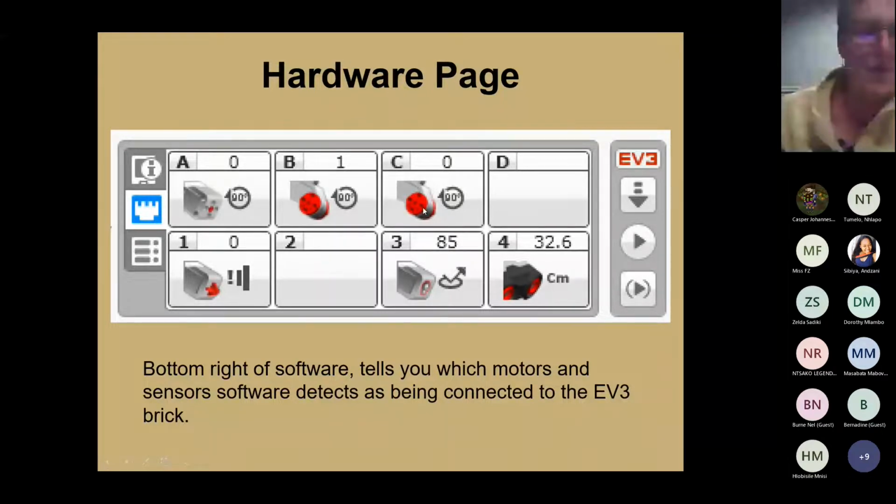And then port 1 has got a touch sensor, port 3 has got a light sensor, and we'll get to this next week, and that's reflective. And port 4 has got an ultrasonic sensor, and the object it's seeing is 32.6 centimeters away. So you can already see what is connected and what is not connected.